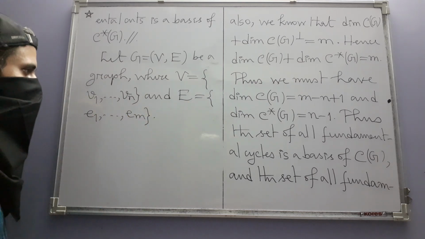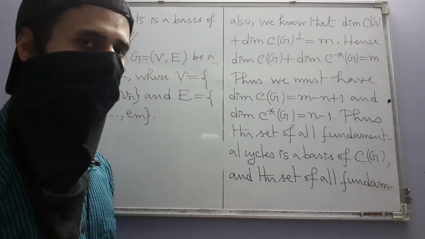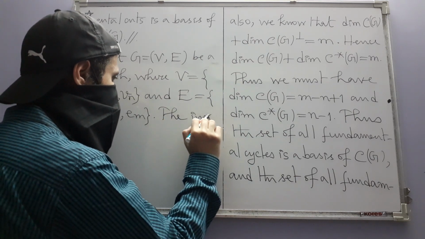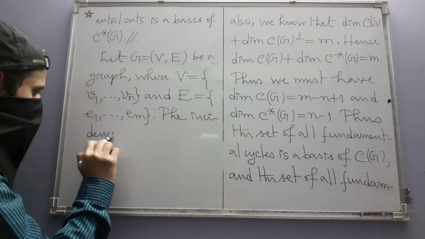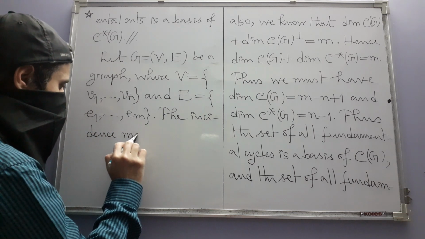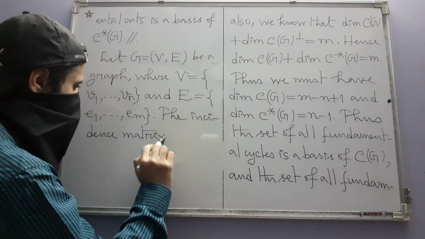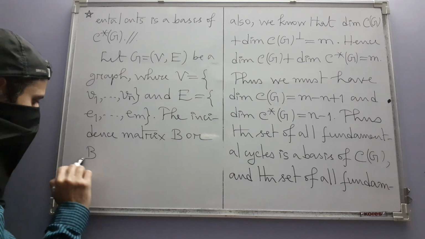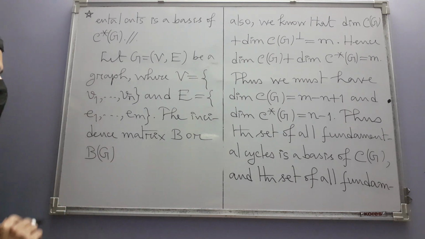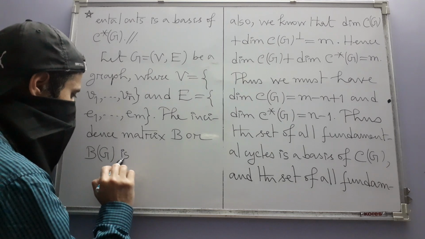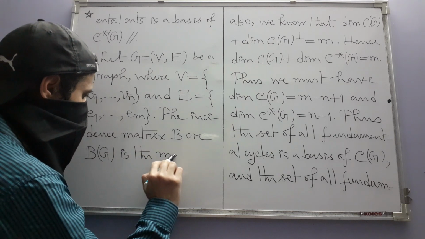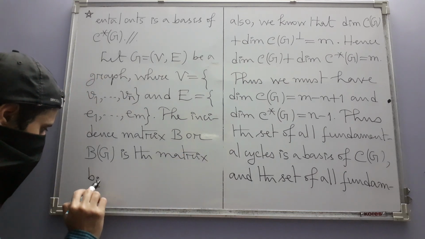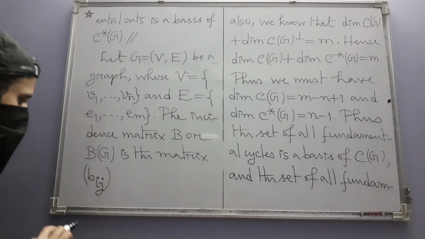Okay, now we are going to define something known as the incidence matrix. The incidence matrix B, or to be more specific, the incidence matrix of G, you can write B of G, is the matrix Bij.